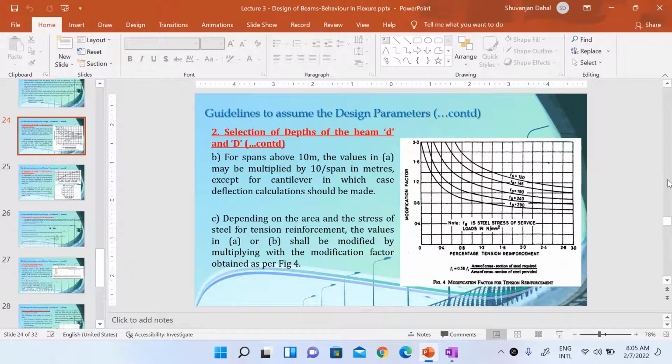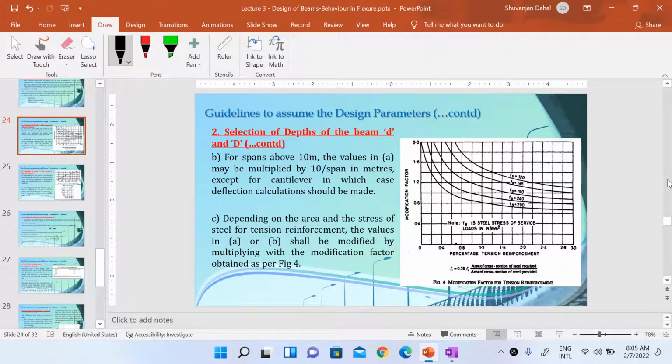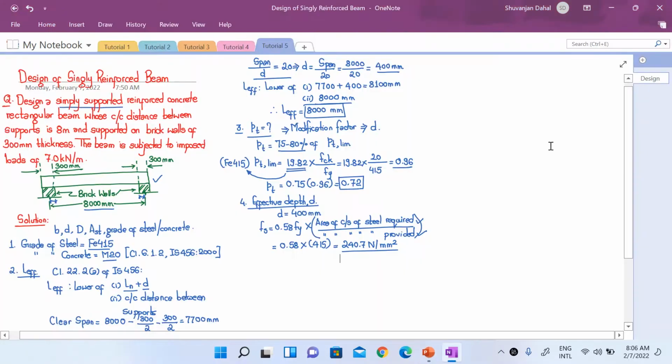So 0.72 will be somewhere here, and Fs 240 curve, we will choose this curve here. So if we draw a line in such a way and then draw a horizontal line like this, our modification factor comes out to be nearly equal to 1.1.